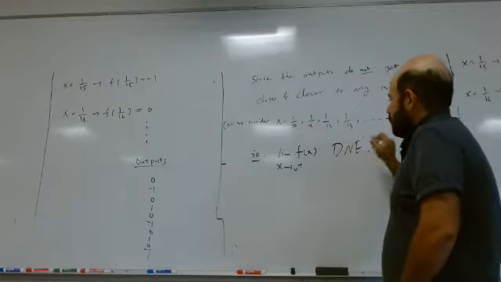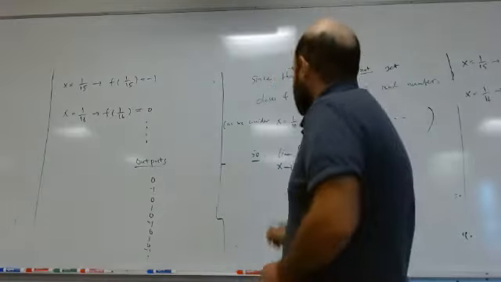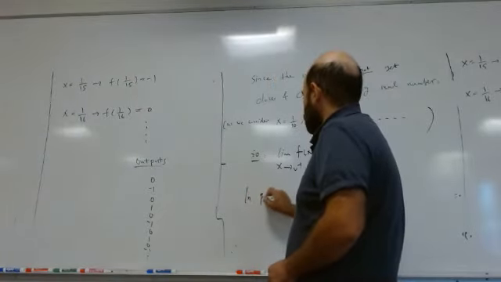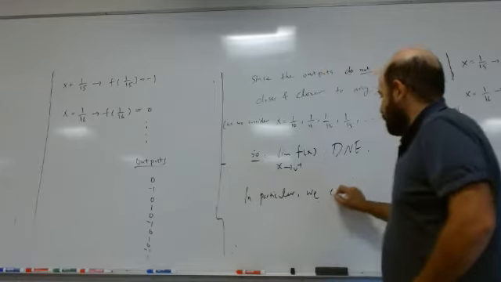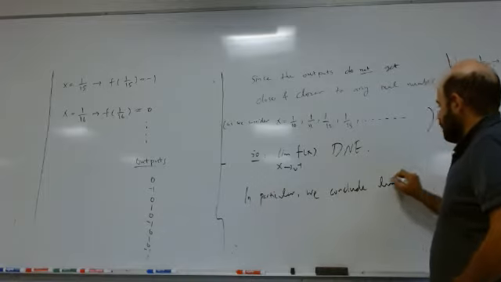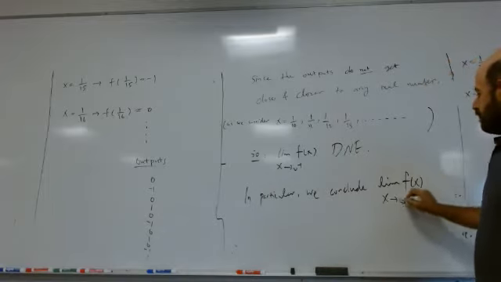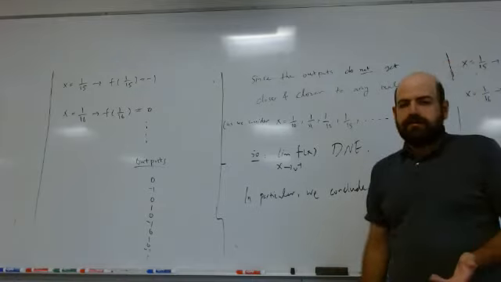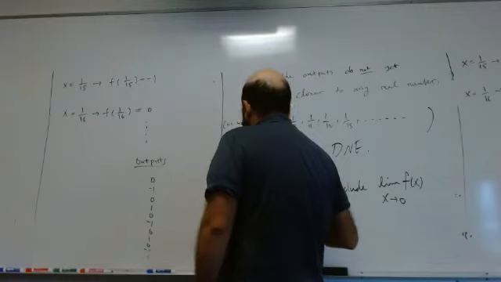See? So even the one-sided limit does not exist. And of course, in particular, we can conclude that the whole limit does not exist either.